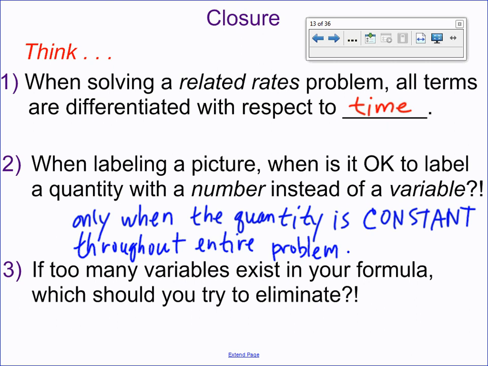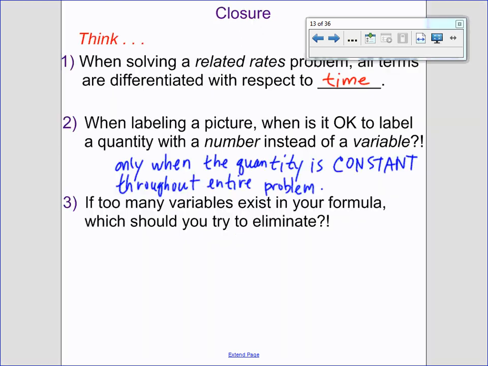And lastly, if too many variables exist in your formula, which should you try to eliminate? So if we got too many variables in there, which should we try to eliminate? Allie? The one that you're not solving for. Yeah, the ones that you're not trying to solve for or find the rate, right?